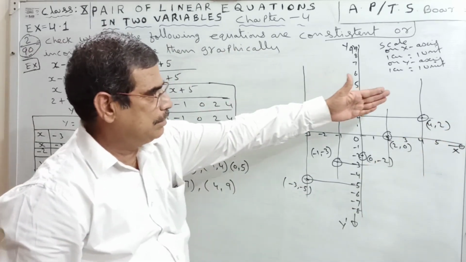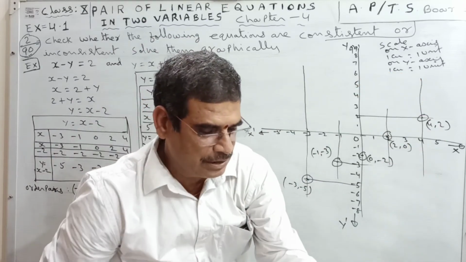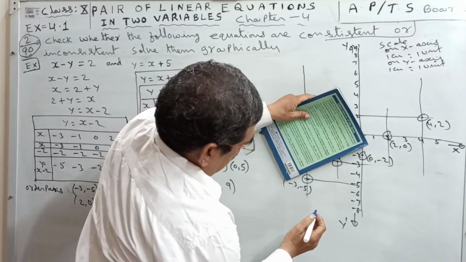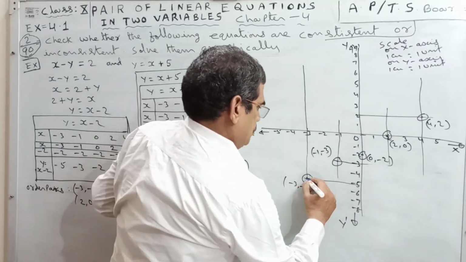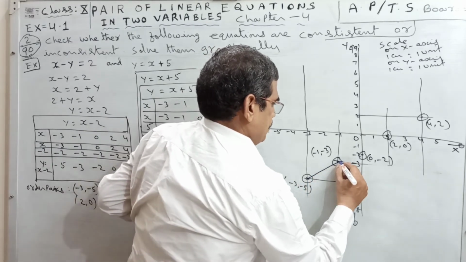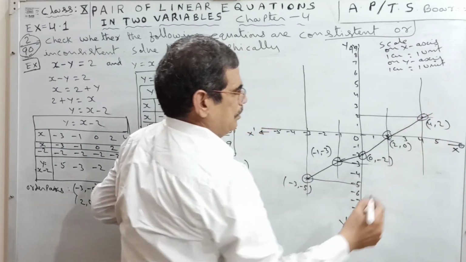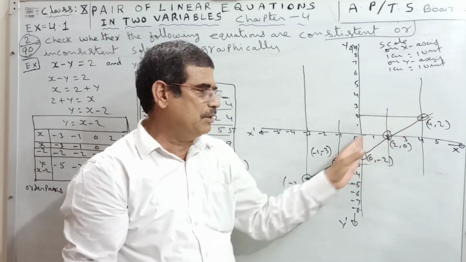So take a scale, join all these points like this. Here this is a rough diagram. So the line is coming like this.